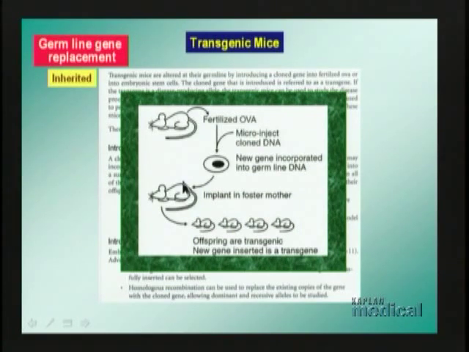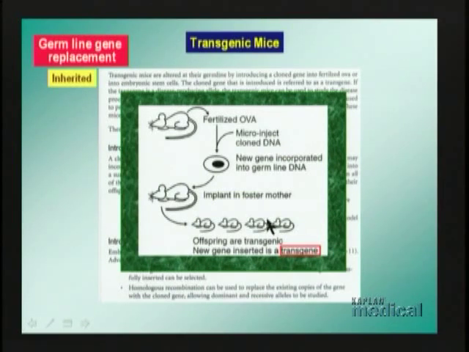After a few weeks, that surrogate mother now will have all the progeny. The important feature is that the offspring are now considered transgenic animals. And that new gene that was put into the ova is now called a transgene. All of these progeny will have a new gene, which is that transgene. Now what would happen to all of these progeny when they breed with one another?